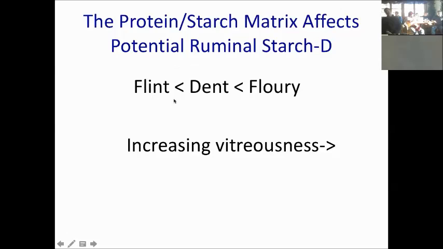And very simplistically, flint corn, which is very vitreous and very hard, is less digestible than dent corn. That is less digestible than floury corn. And the relationship here, going from flint to floury, is that we have increasing vitreousness that's occurring.